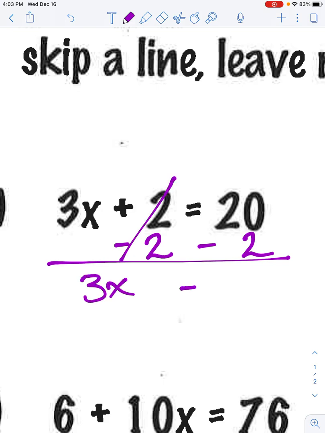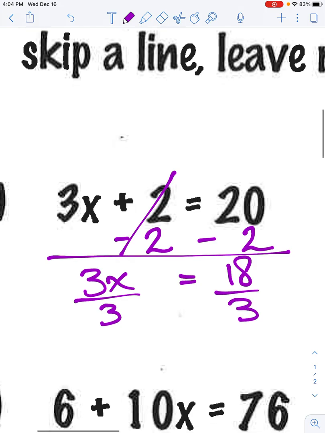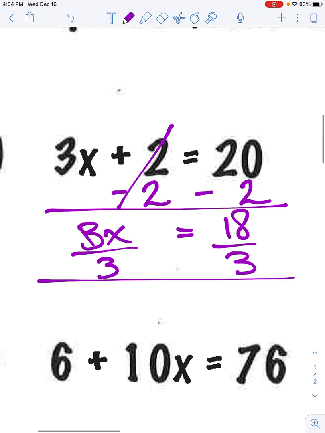That's leaving me with 3x on the left, 18 on the right. Now it says 3 times x, or x times 3. The inverse of multiplying by 3 would be dividing by 3. On the left, 3 divided by 3 is 1x, and 18 divided by 3 is 6.